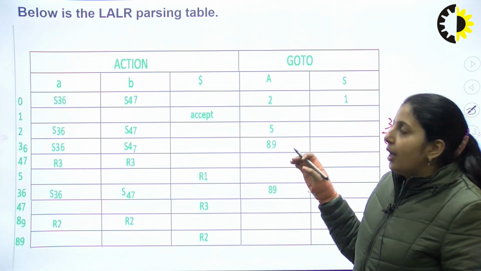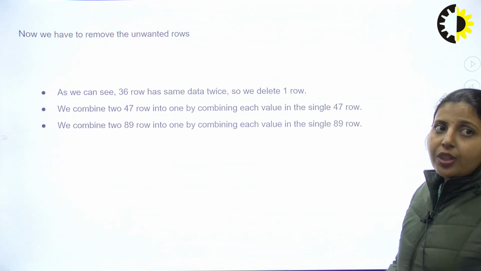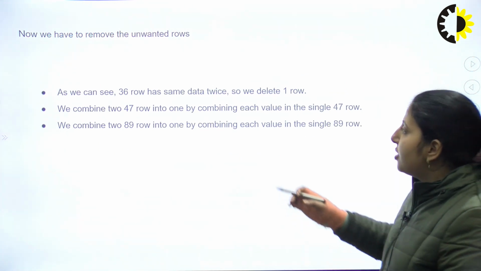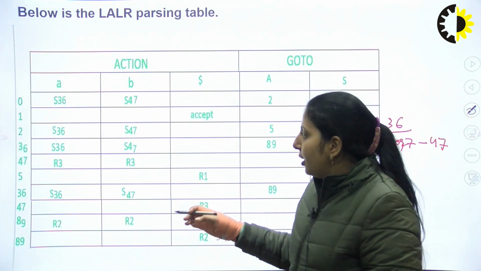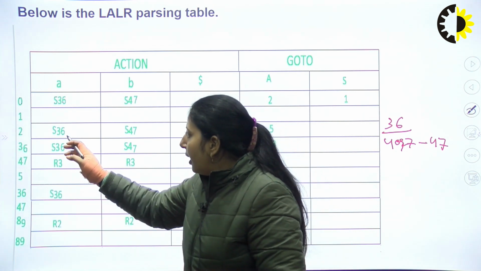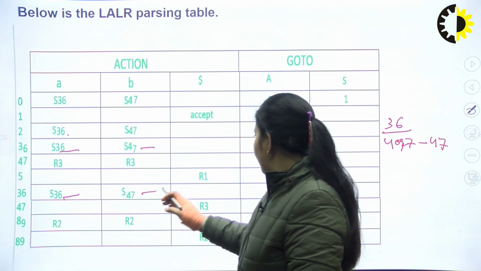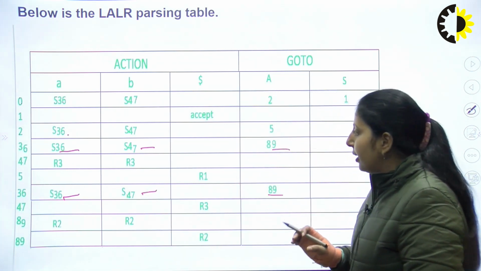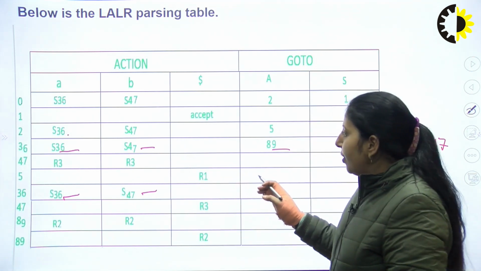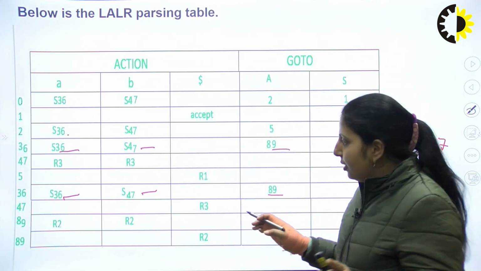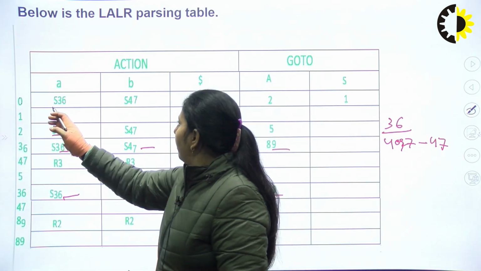So this is the LALR parsing table. Now we have to remove the unwanted rows. As we can see, S36 appears twice with the same data, so we can delete one row. In the same way S47, S47 and 89, 89 have the same entries, so we can delete any one of them.